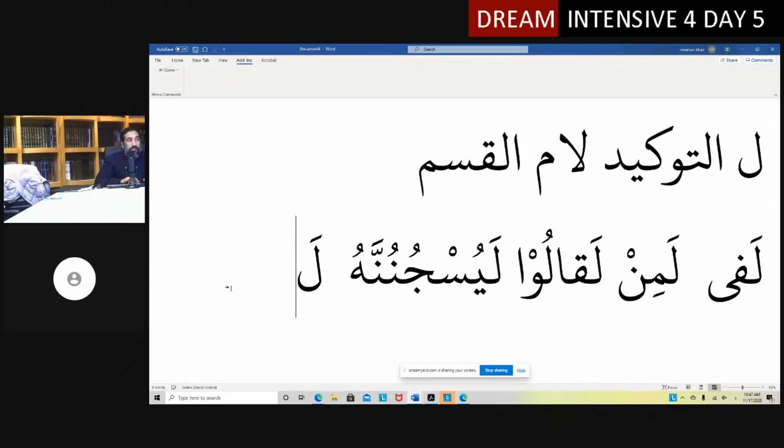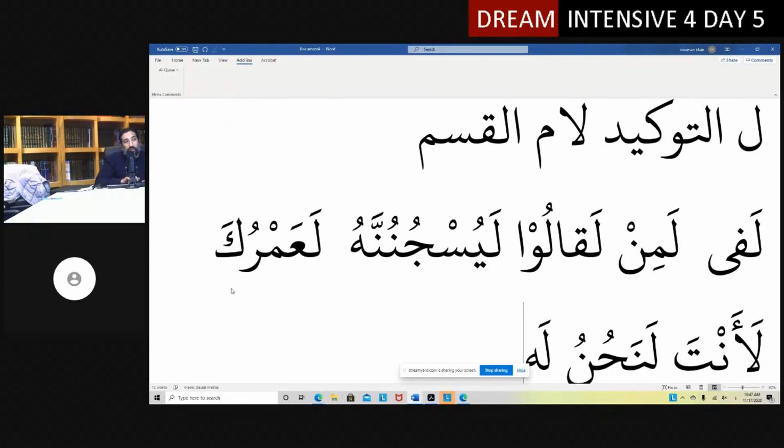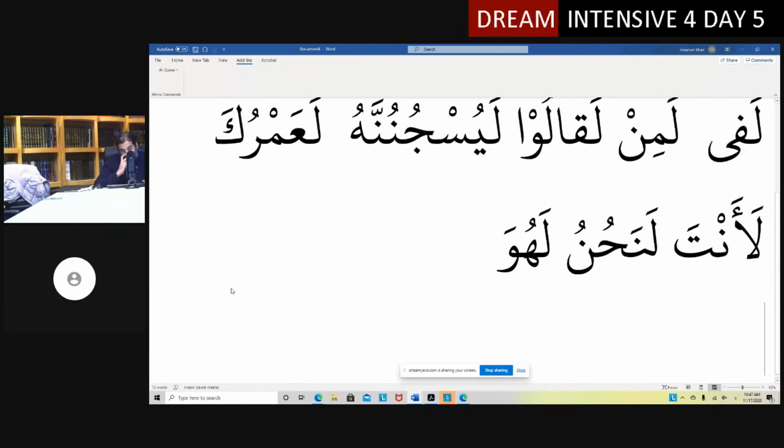Then it can sit on an ism. So you can say la amruka. This is in the Quran. La amru. It's not a harf of jar. It's a la. This one's always a la, by the way. And it can also have la anta, or inna lanahnu al-ghalibun, or la huwa. Okay. Now in these cases, nahnu is still the independent pronoun. We didn't use na. The attached version is na.